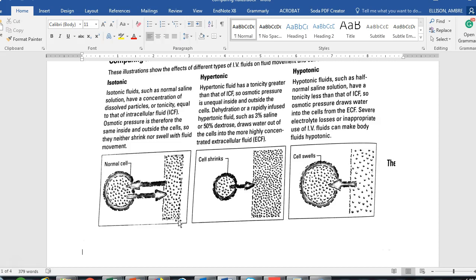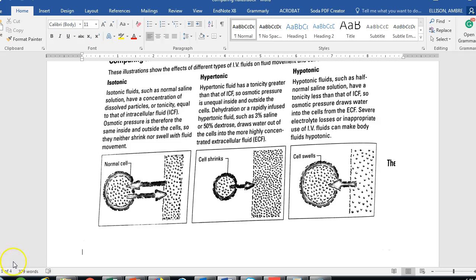Some examples of isotonic solution: normal saline, lactated Ringer's. D5W is isotonic outside the body, but once it gets inside the body, it's hypotonic. So normal saline just has electrolytes in it, and then lactated Ringer's is going to have electrolytes and lactate.